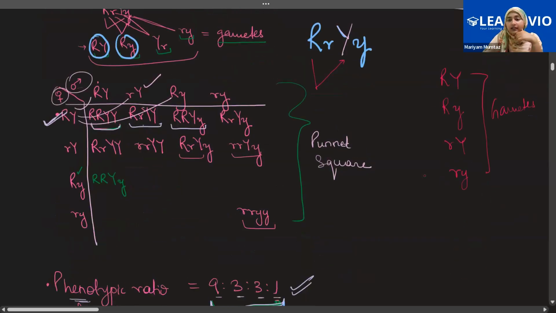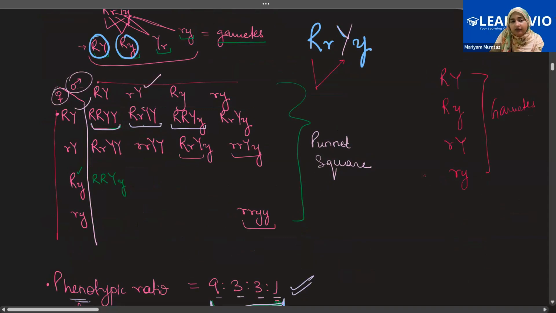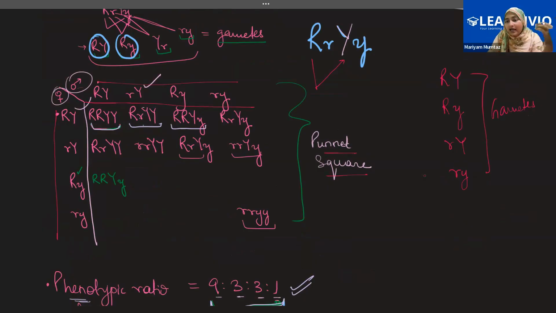So then you take two sets, and cross one set with another, because you're basically crossing the male and the female together, and fusion and all of that happens. This checkered board that you see is a Punnett square, with the help of which we find out the possible genotypes. How do we operate it?